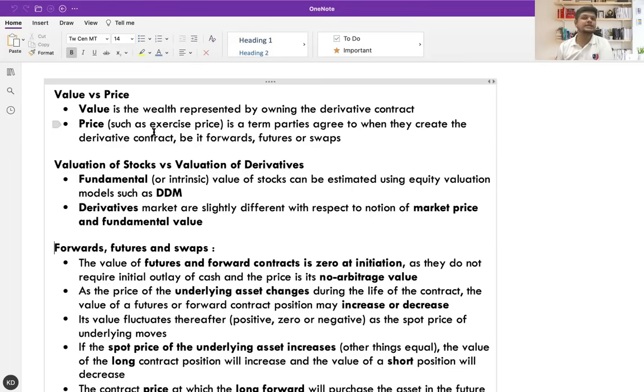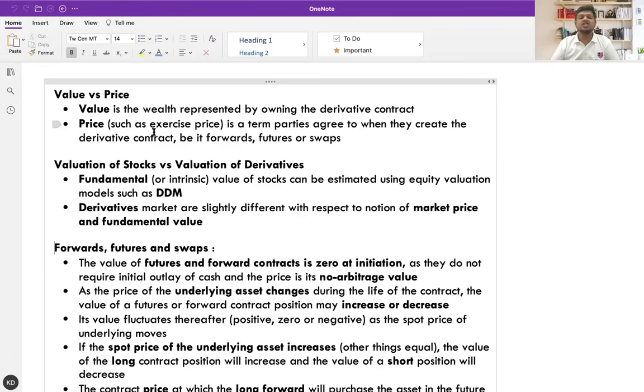And the short loses some money. Is that clear? What you gain or lose is called value under the derivatives contract. So value is the wealth that you create or lose in the derivative instrument. But price is the price at which you and I agree to get into the contract. Are you getting this difference?